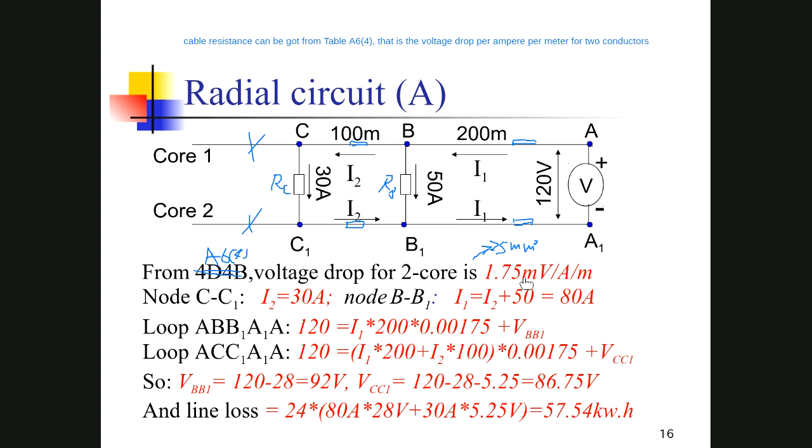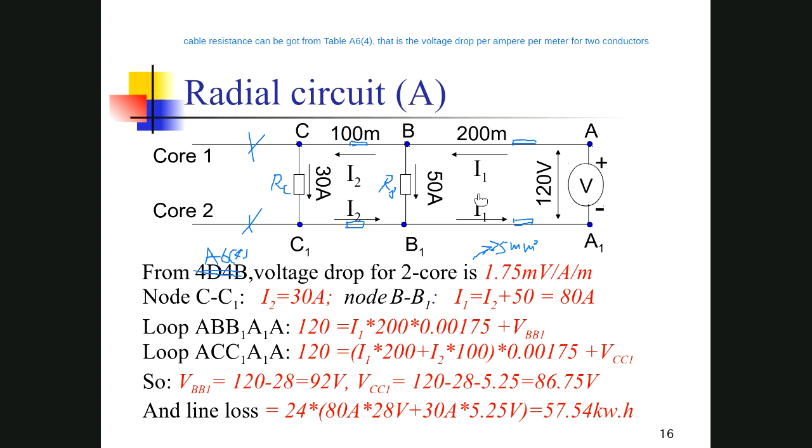This is millivolts per ampere per meter for two conductors, from the table. Someone asked why you didn't multiply by 2 here; it's because this value is already for the two conductors together. The voltage drop across load B, we suppose, is VBB1.